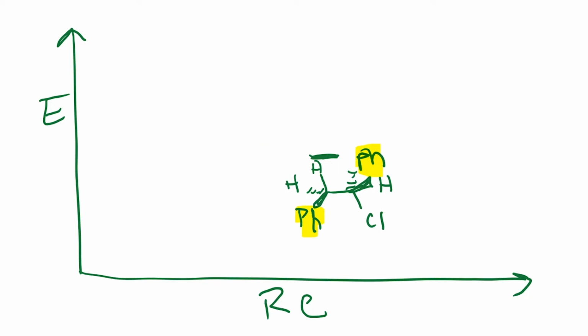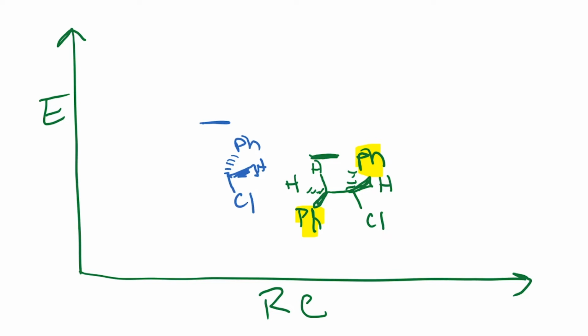Now let me draw this a little further away so that we can draw the other conformation nicely. This is the other conformation where the back carbon remains the same. So this is the carbon, this is the hydrogen, and this is the Cl.